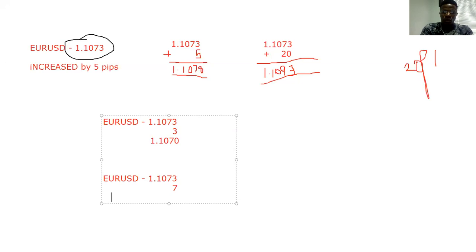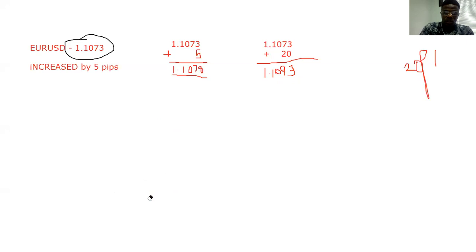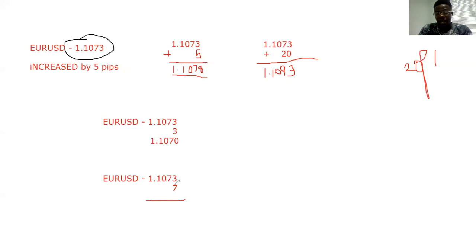The new value is going to be what? 3 is smaller than 7 from our basic arithmetic.